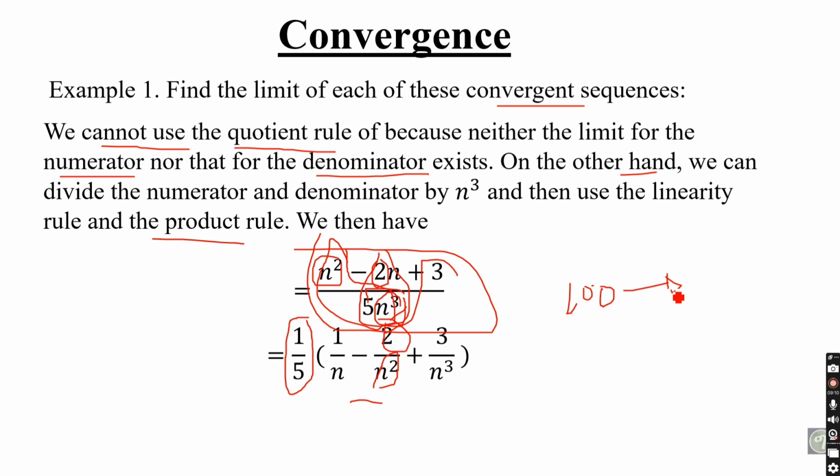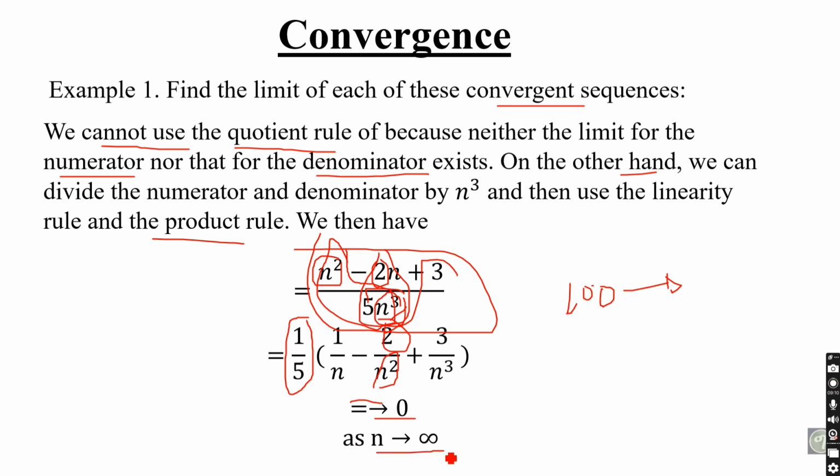So we can use any number, and when we insert these values, the terms approach 0, because when we take a very large number in the denominator, the value approaches 0.